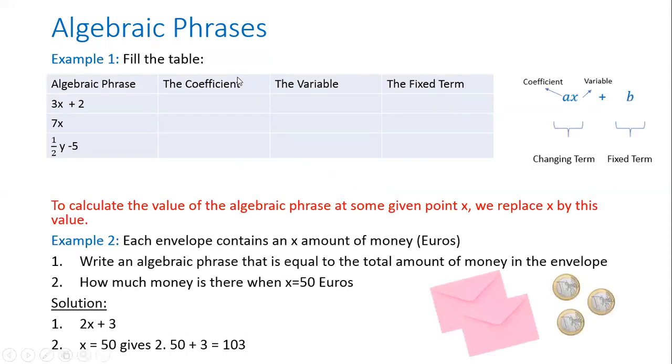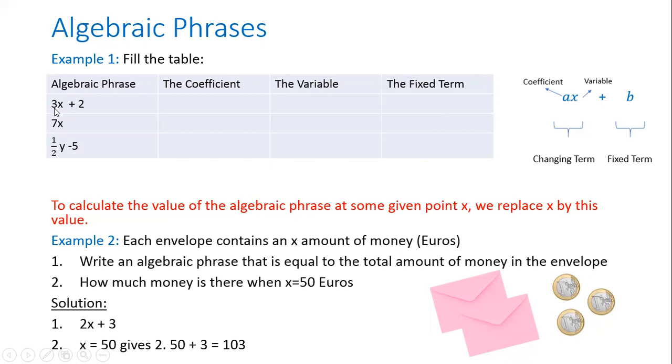Let's take an example. If we have a group of algebraic phrases here, we want to fill the rest of the columns in the table: first the coefficient, then the variable, and then the fixed term, using the definition of the algebraic phrase of the form ax plus b, which we saw on the previous slide.